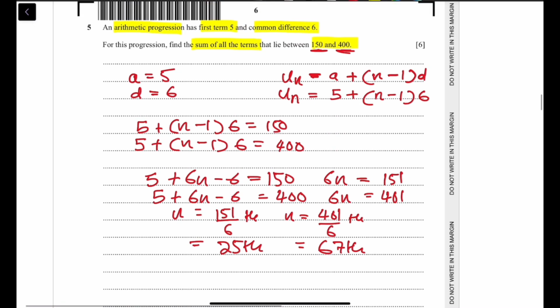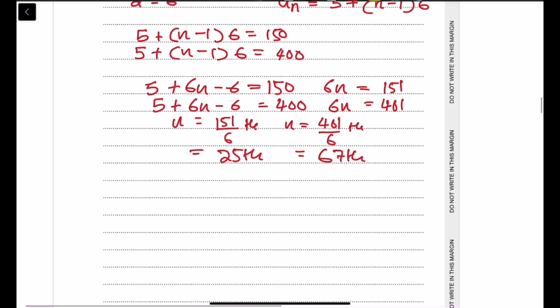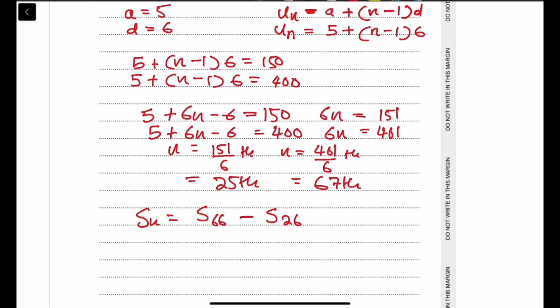Now it wants the sum between these two, so we're not going to include 150 and 400. So our sum is going to be our S66 minus our S25. So our first term is going to be our 26th term, so 5 plus 26 minus 1 times 6 equals 155.